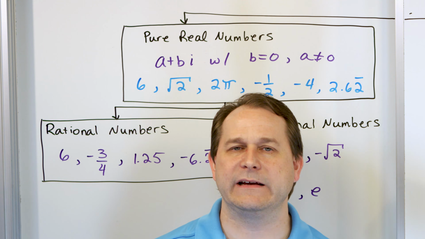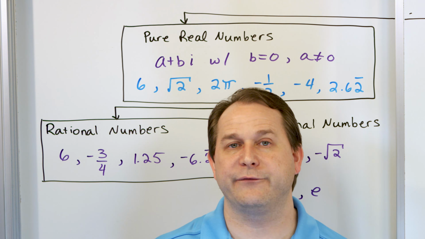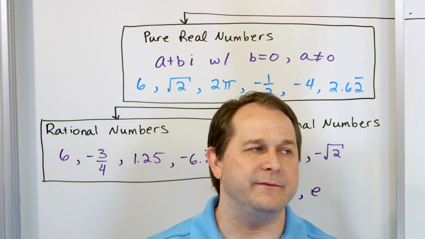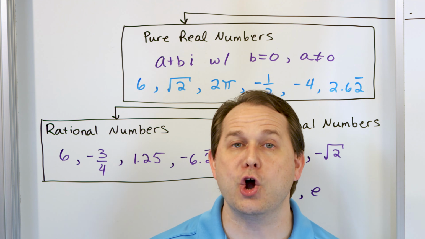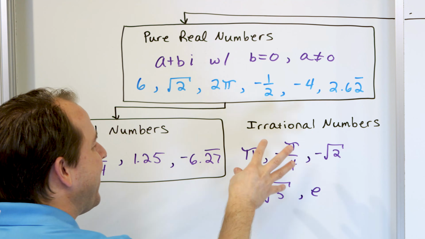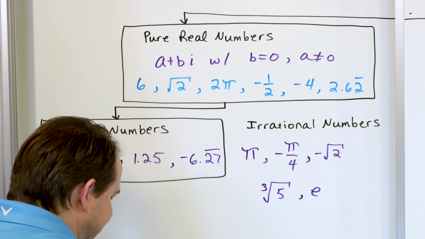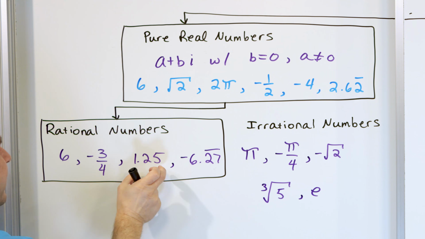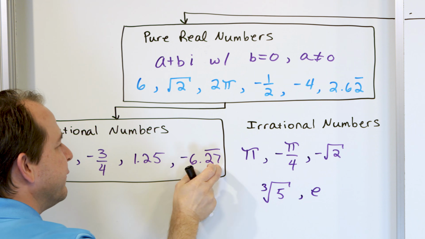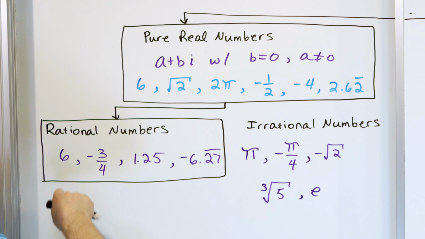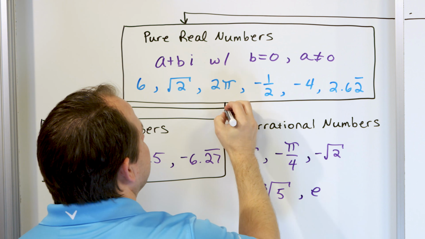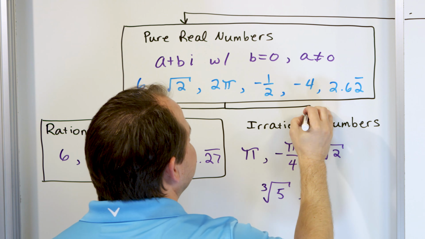So the basic idea is irrational numbers cannot be written as fractions because they have decimals that go on forever with no pattern. If there's no pattern to the decimals that go on and on forever, then there's no way to write it as a fraction. Whereas if they have truncated decimals or decimals that go on forever with a pattern, you can write them in terms of a fraction. So we call them rational.